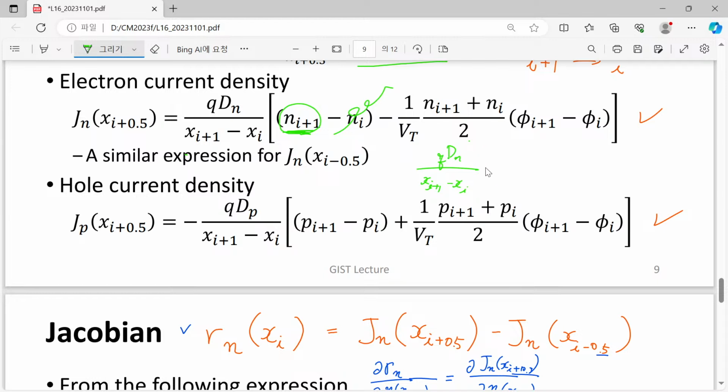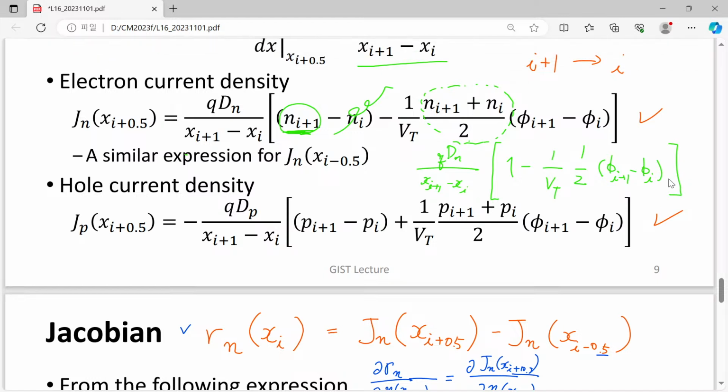And how about the second term? If we take the partial derivative once again, then that will give us 1 over Vt and half. Are you with me? So when we take the partial derivative of this term, it will give us just half. And now we have phi I plus 1 minus phi I. That is the partial derivative of our current density with respect to n sub I plus 1.